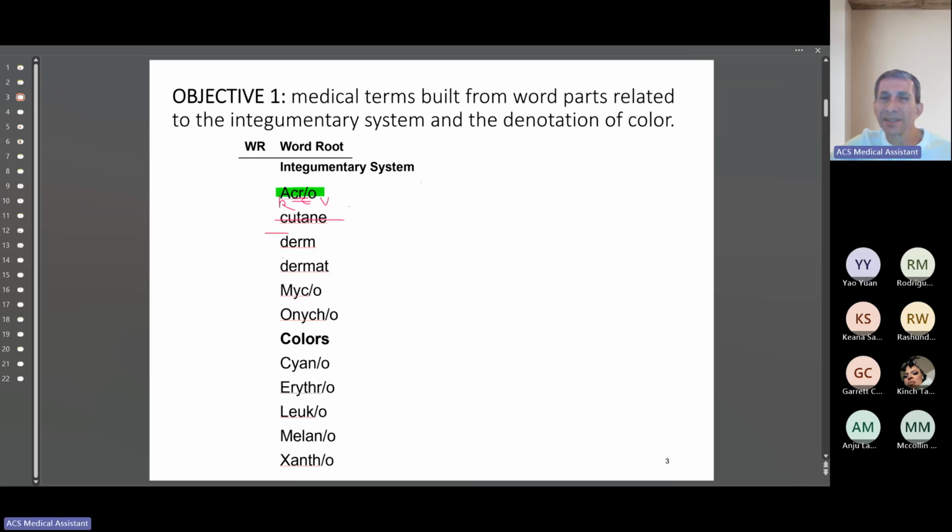This means skin. We're going to see it later on. There is another one right here, derm. This is one of the most common ones because you have heard about this. Derm means skin as well. So cutane means skin, and derm means skin as well.